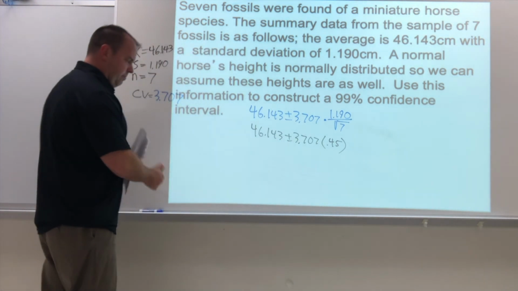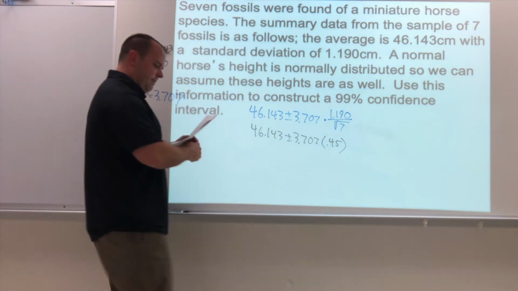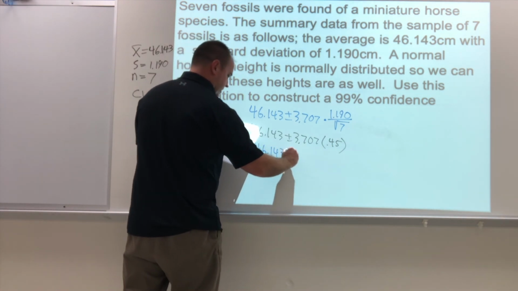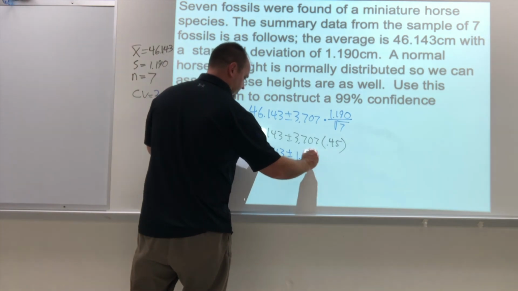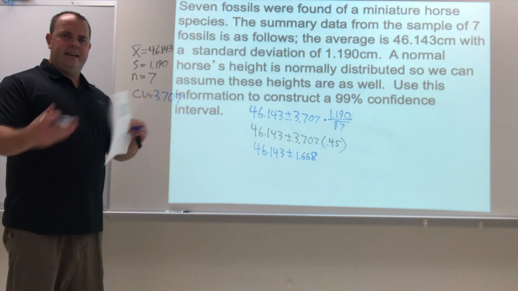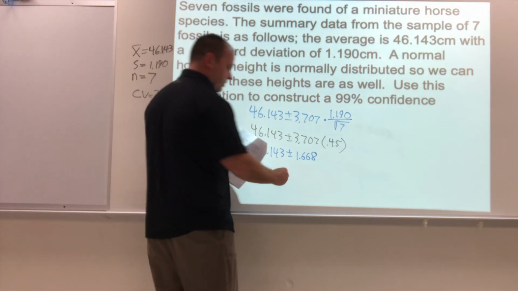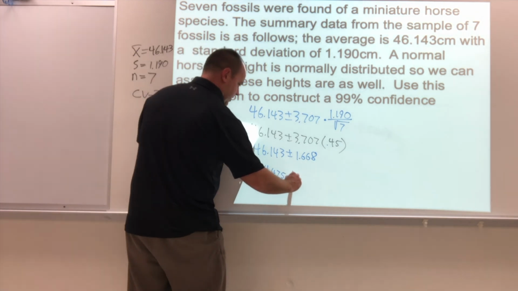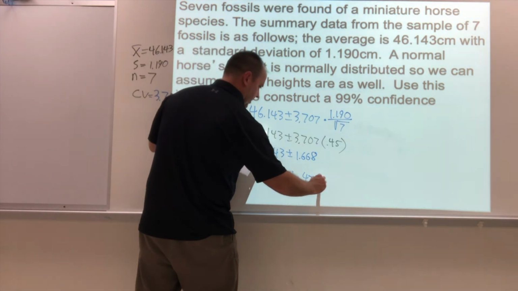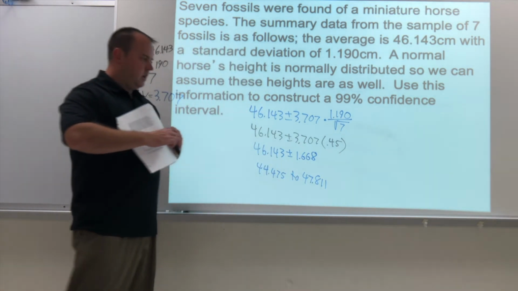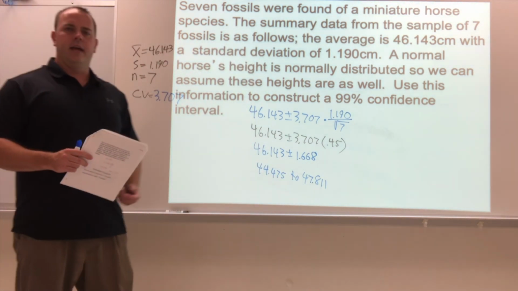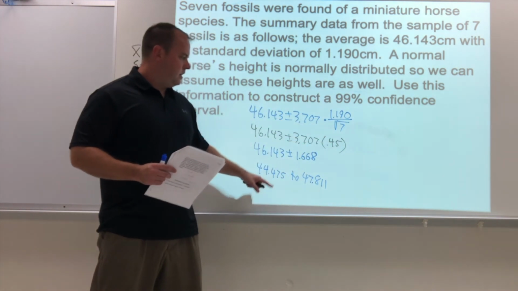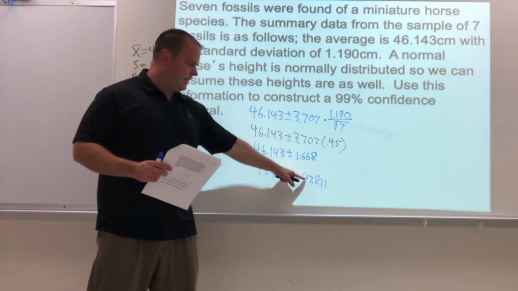Doing some multiplying, 3.707 times 0.45, we end up with 46.143 plus or minus 1.668. Subtract it, add it to get our interval, and we end up with 44.475 to 47.811. So there is our interval. Again, calculation: fraction first, multiply, subtract, and add to get the full interval.